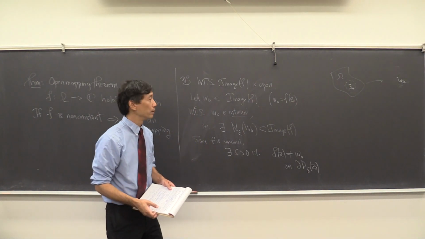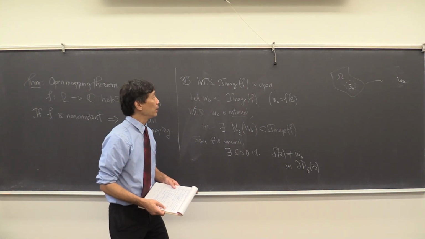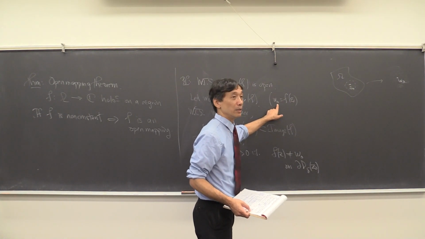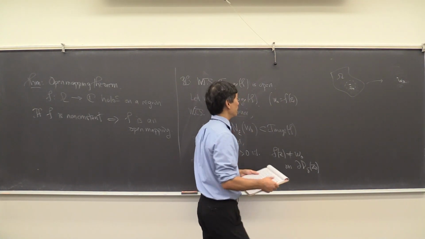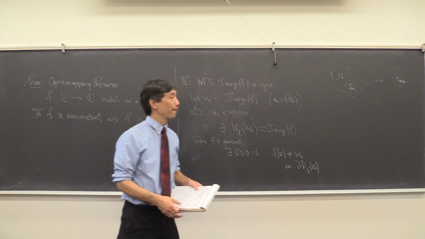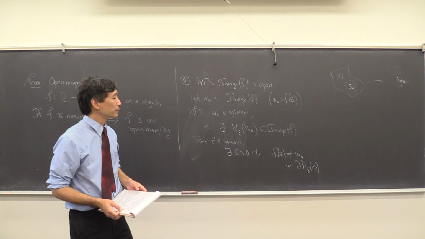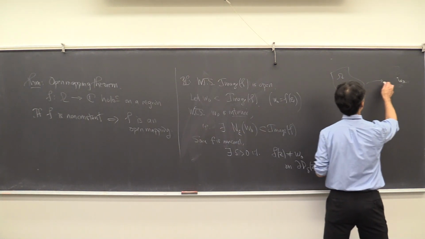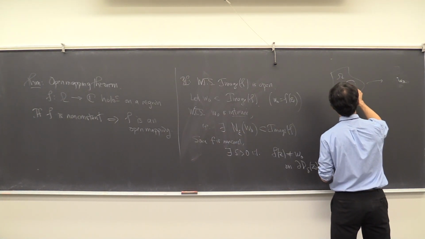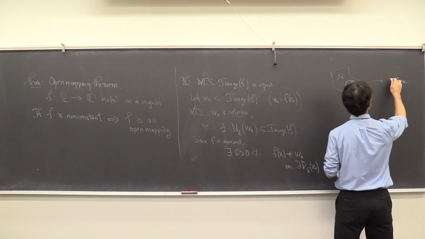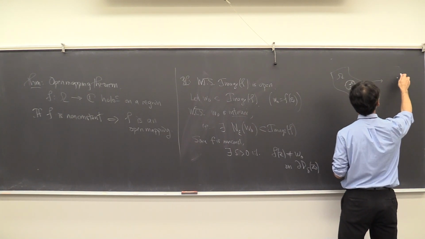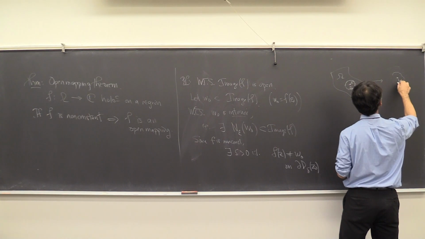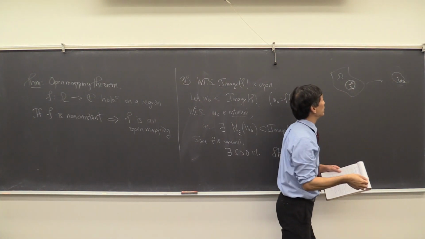And Z naught is the point that got mapped to W naught. Sorry, I didn't say that at the beginning. Okay, so there's some circle here, radius delta, that gets mapped out here, and it doesn't hit W naught, right? So it has some image over here.